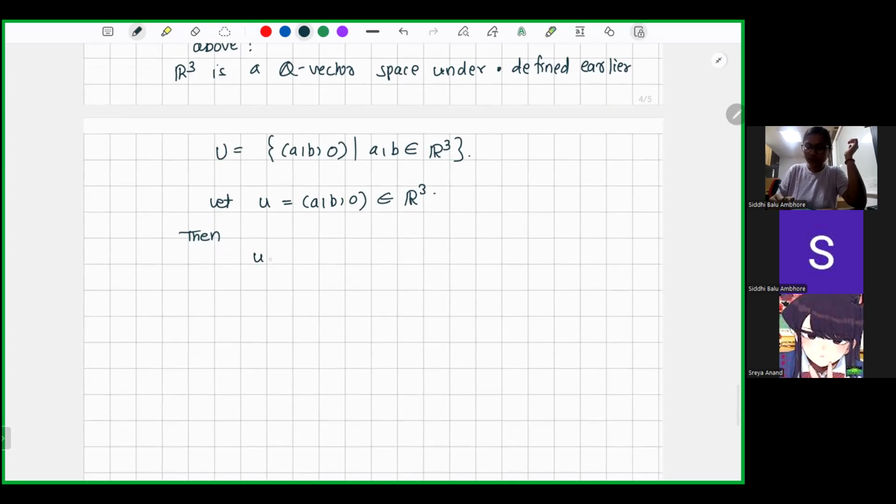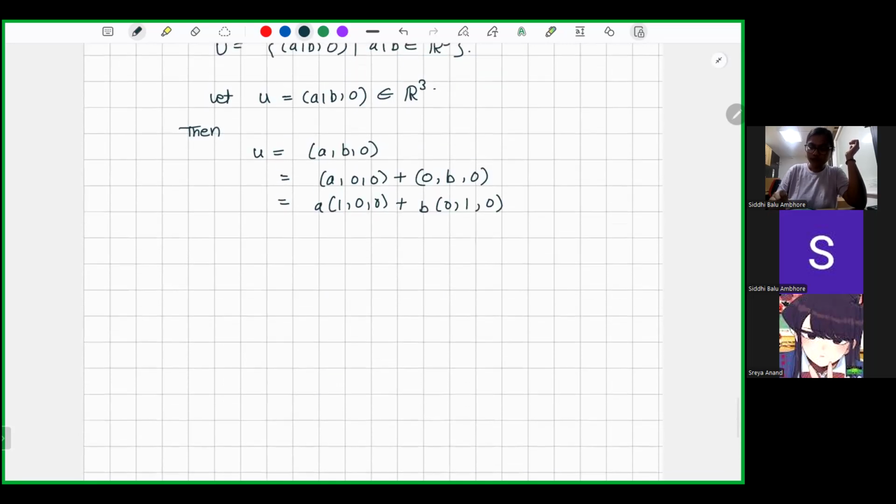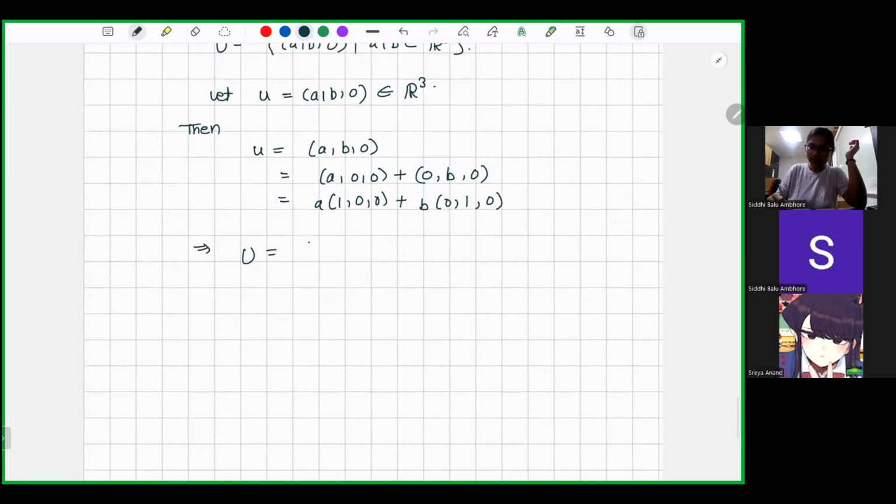Then if I want to find its generator, I can simply do this. And this will imply that U is generated by these two elements.